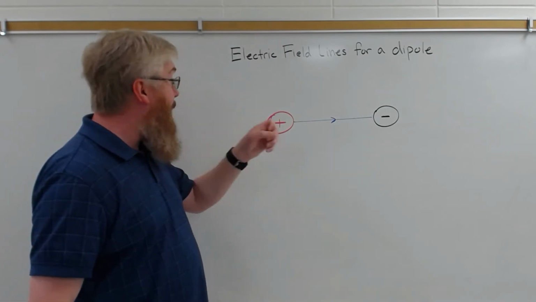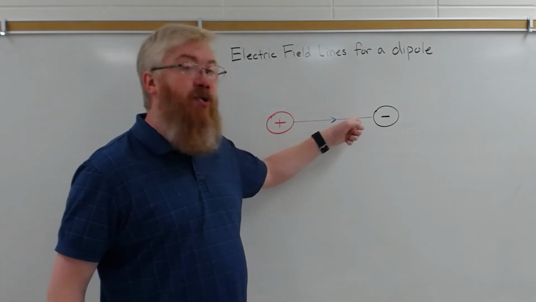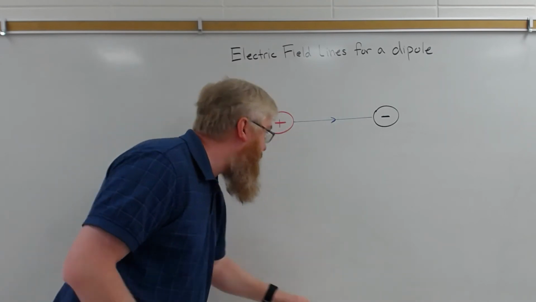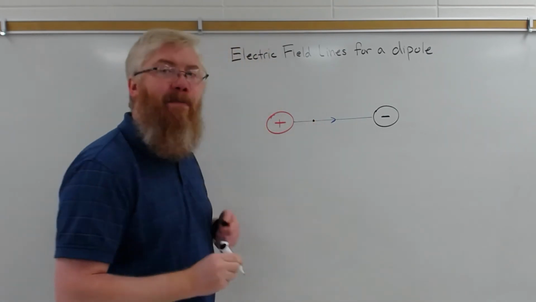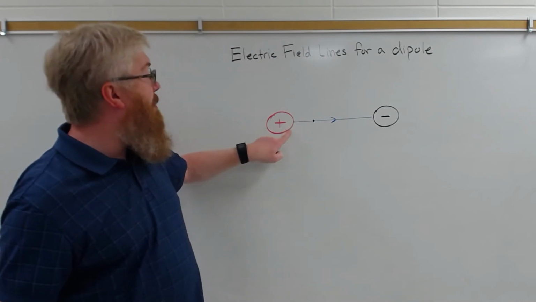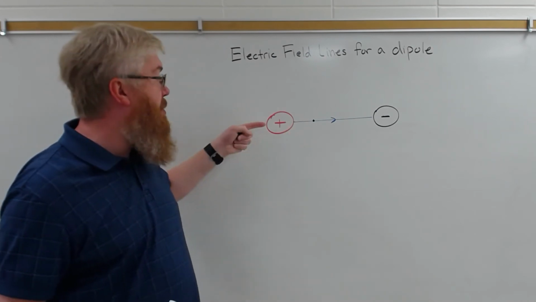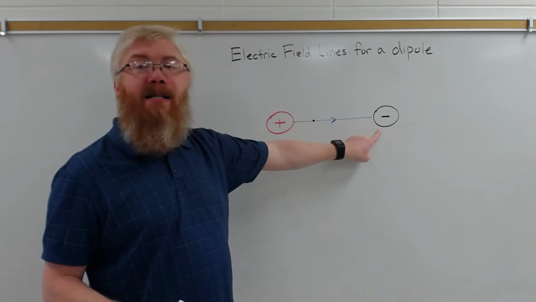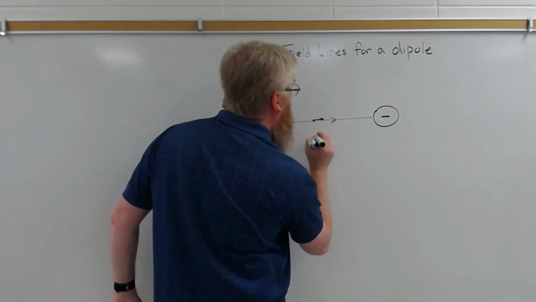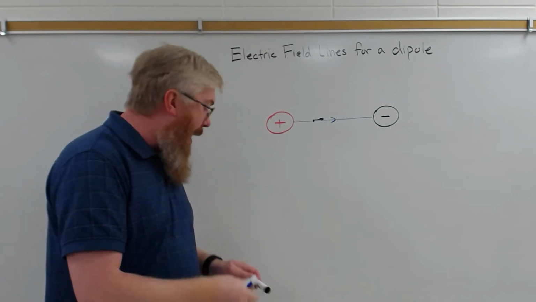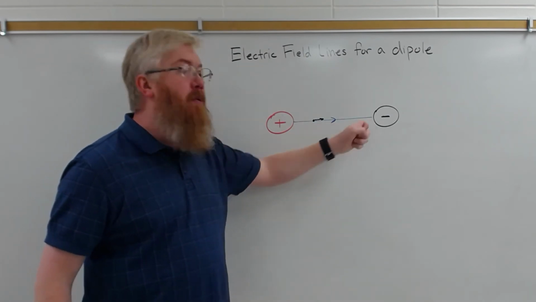Because any test charge I drop in here, any little tiny point charge, is going to experience, remember it's a positive test charge, it's going to be repelled by this positive charge to the right, it's going to be attracted by this negative charge to the right. So the electric field and thus the electric force everywhere on this line will be to the right.